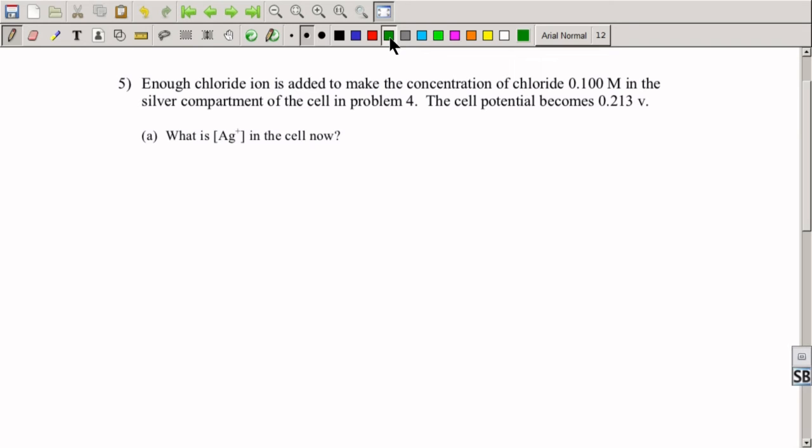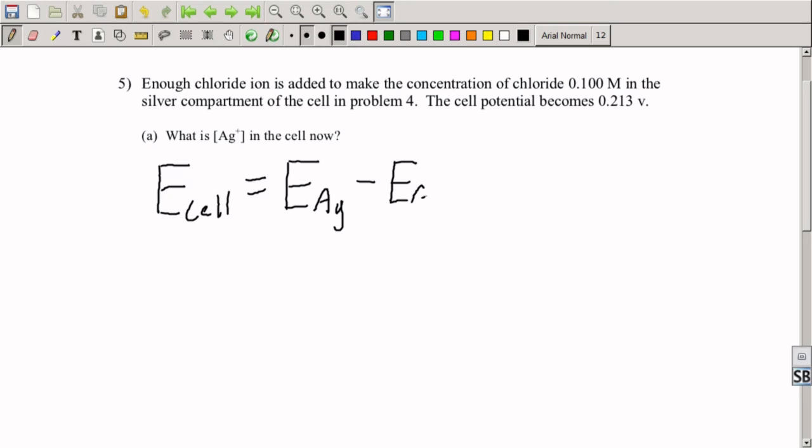Well, we still have this equation. If I want to solve for EAG, that's equal to E cell plus my reference electrode potential.